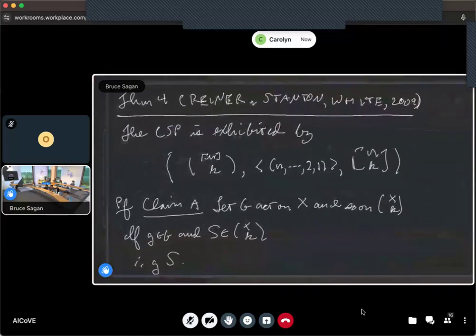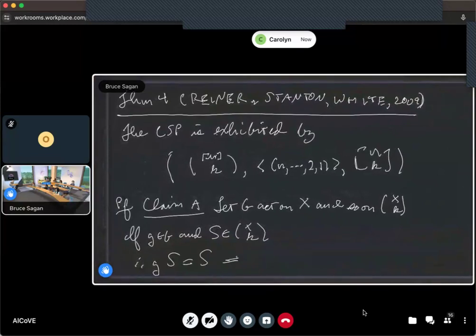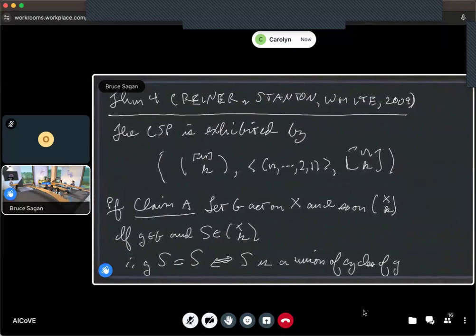g will fix S if and only if S is a union of cycles of g. Now, what do I mean by that? Well, remember, because cycles aren't sets, they're ordered sets, I mean take cycles, throw away the order on them, and then just take their union. Let's do an example.